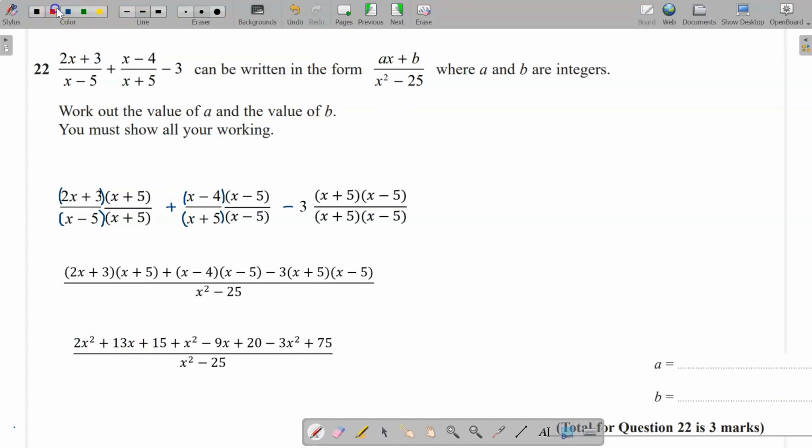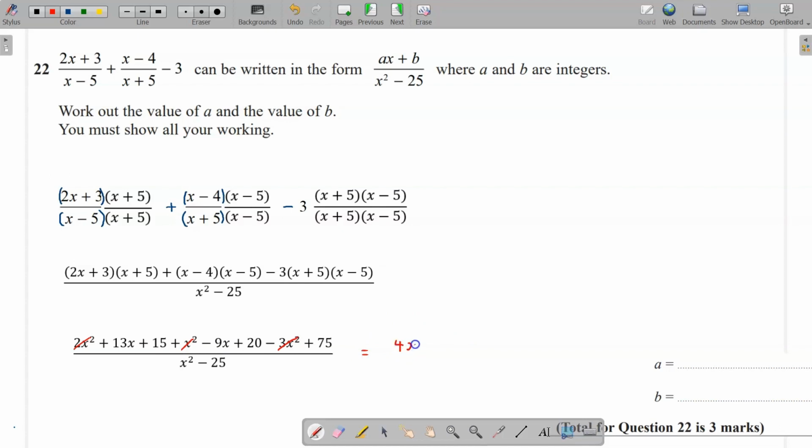And very quickly I can see that the 2x squared plus the x squared makes 3x squared, minus the 3x squared there is 0, so they cancel completely, and I'm left with 13x minus 9x, okay, which is 4x. I'll write this part out.